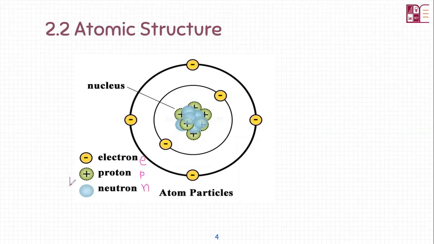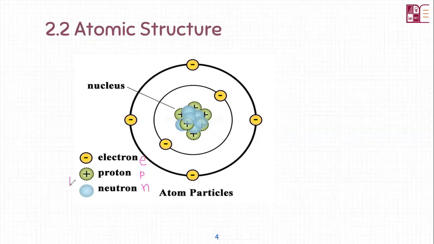They both are present inside the nucleus, and when protons and neutrons are joined together, we jointly call them nucleons. Whereas electrons are very light in weight, they carry a -1 charge, and their relative mass is negligible. I will tell you what their masses are, but we do not say that their relative mass is 0. It is not at all 0.